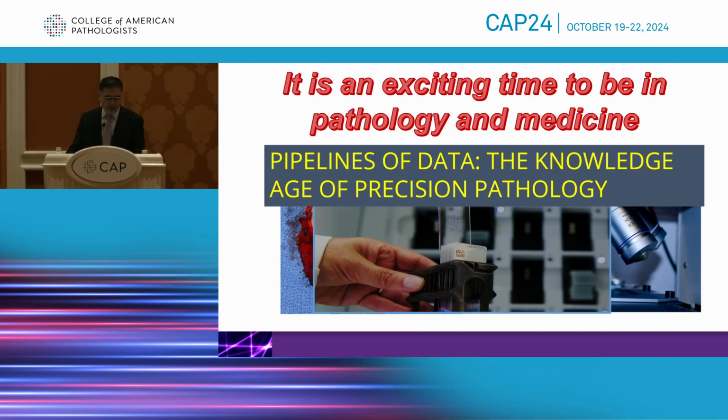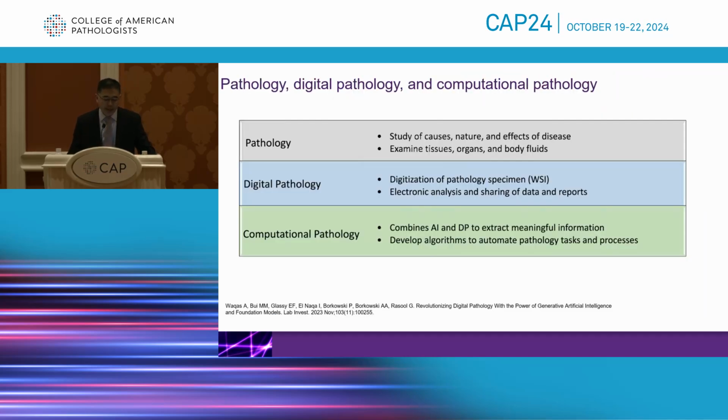Currently we have all this digital data and molecular data available in pathology, and we really need AI algorithms to use this data and become a useful tool for our clinical routine practice. As we know, pathology, especially anatomic pathology, looks at the image and gives a diagnosis.